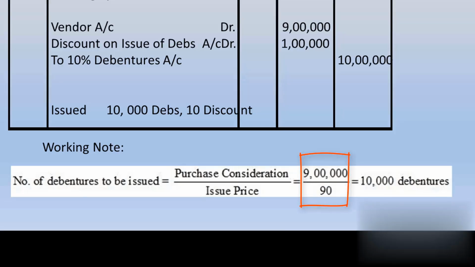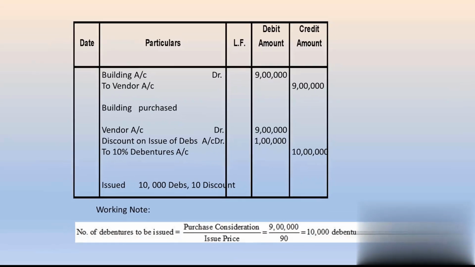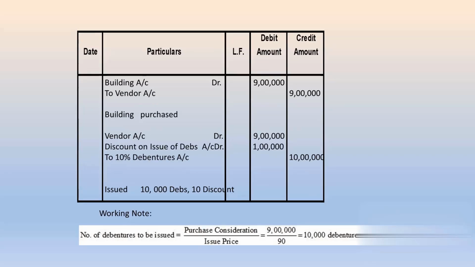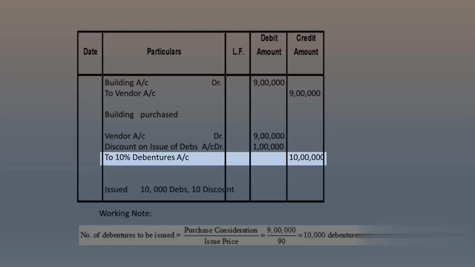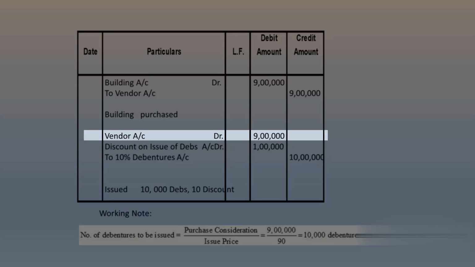The result being the company now has to issue 10,000 debentures of the face value of rupees 100 each, amounting to rupees 10 lakhs. All this to settle an obligation of rupees 9 lakhs.